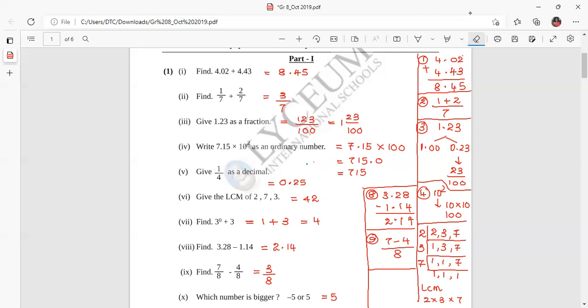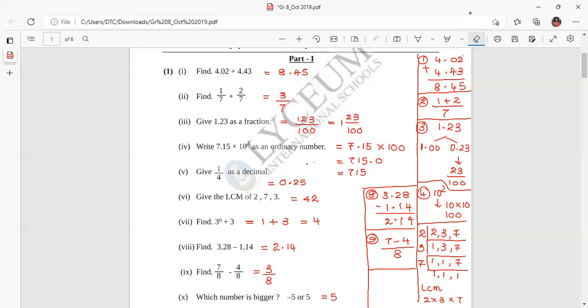The other one, again they have given a fraction, and you want to convert this into a decimal, right? Earlier what we did was decimal into fraction, now fraction into decimal. Normally, if it is another fraction, you want to divide and find the decimal value. But here you don't want to do that, because these are very popular fractions: 1/4, or quarter, 1/2, or half, and 3/4.